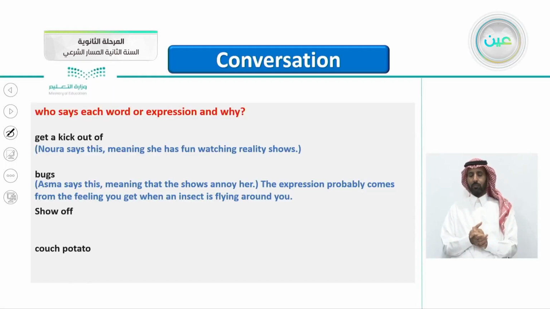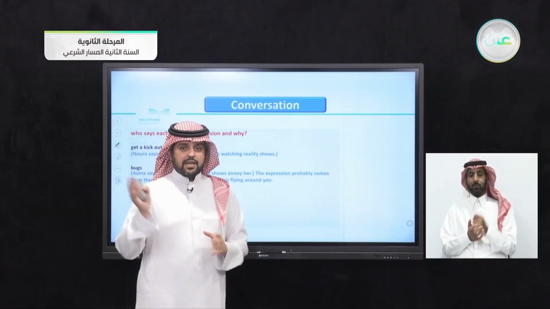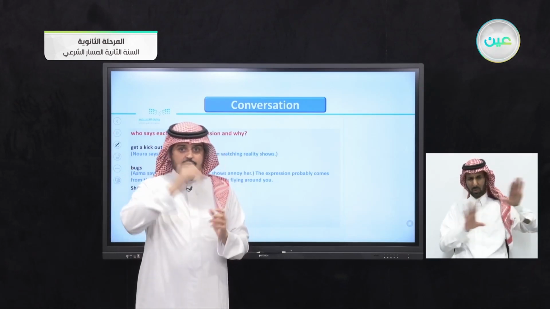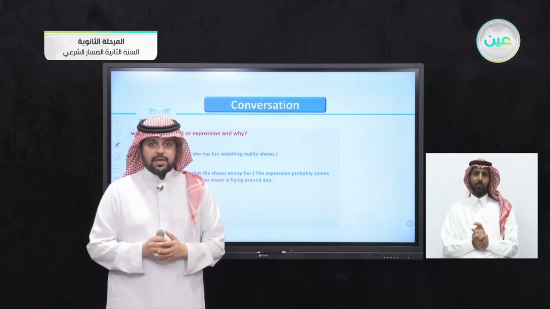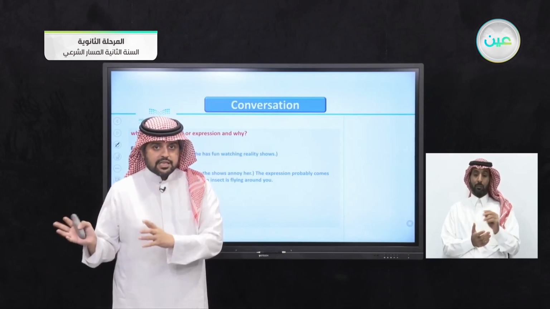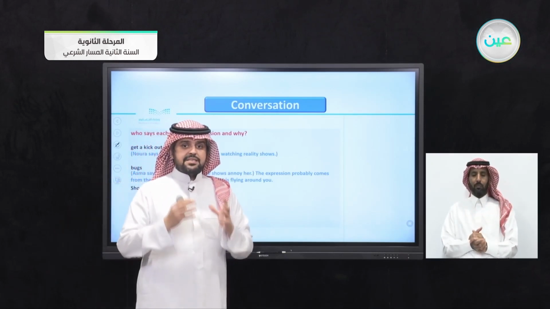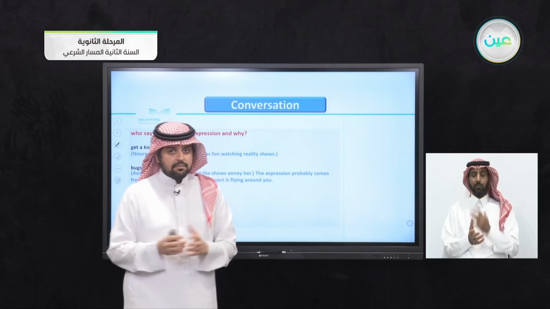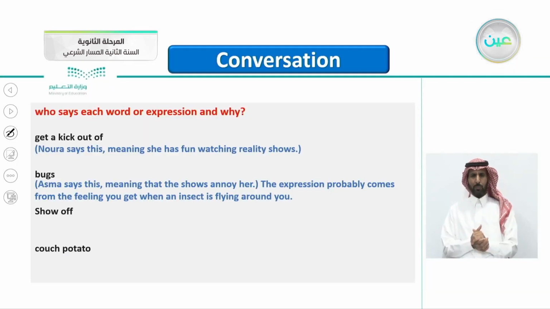The expression probably comes from the feeling you get when an insect, maybe a fly or a mosquito, is flying around you and you are annoyed. Maybe this is where they got the expression that something is bugging me. Maybe that's the connection.